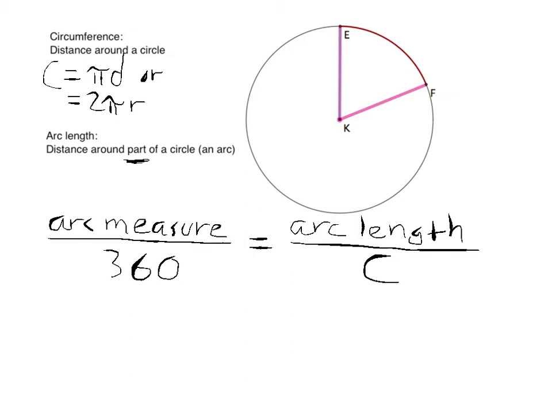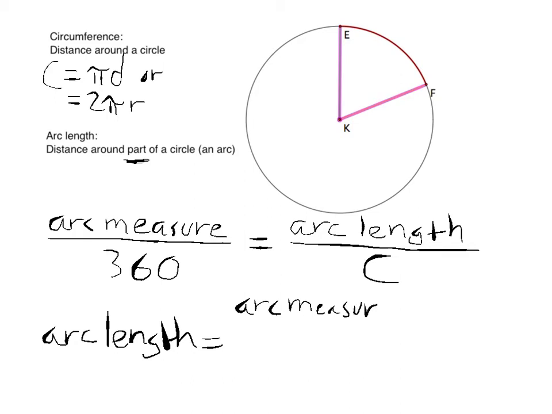Other people like to write this formula differently, just kind of rearrange it with a little bit of algebra here. And if we just multiply both sides by C, well, what you'll end up with is that arc length is equal to arc measure over 360 times circumference.